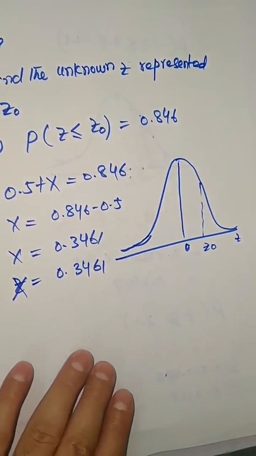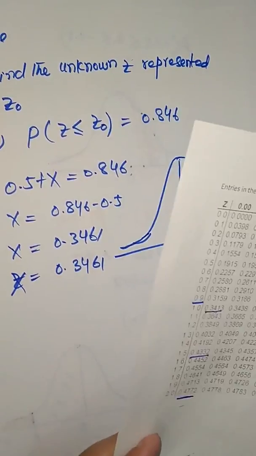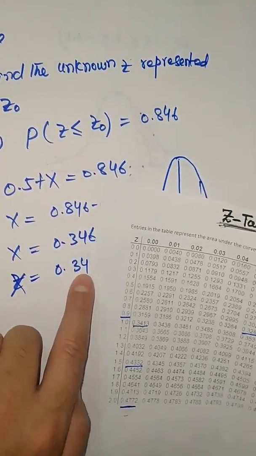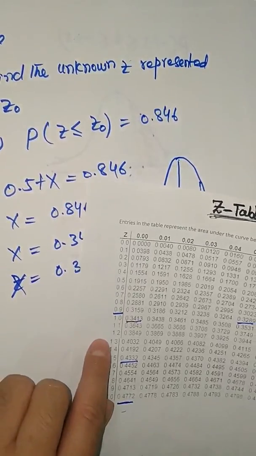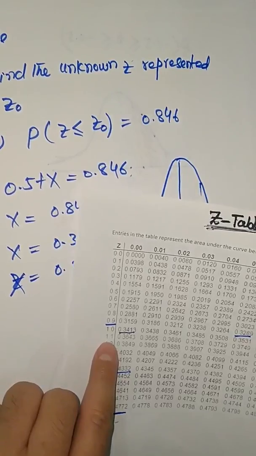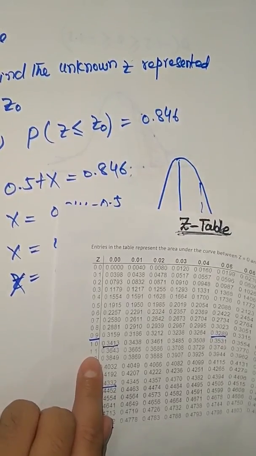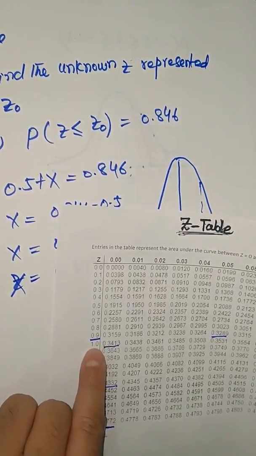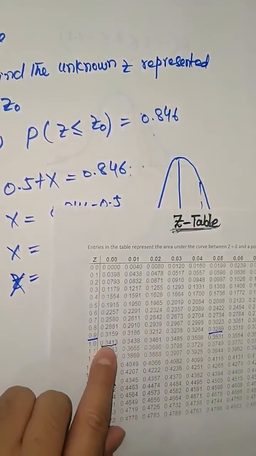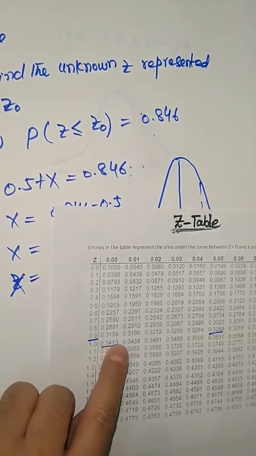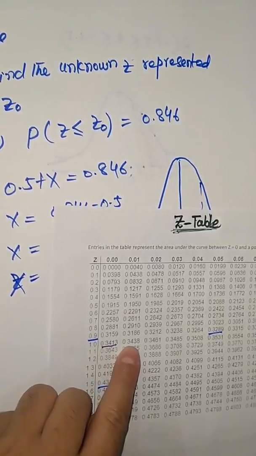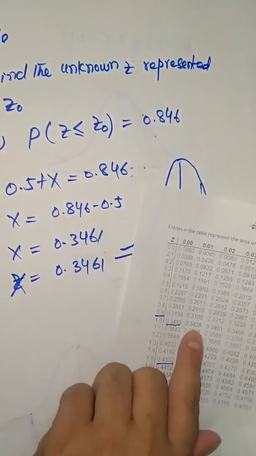So from the table I can find the value of z when the area is 0.346. By following, when z is equal to 1, this is equal to 0.3413. When z is equal to 1.01, this is equal to 0.3438.